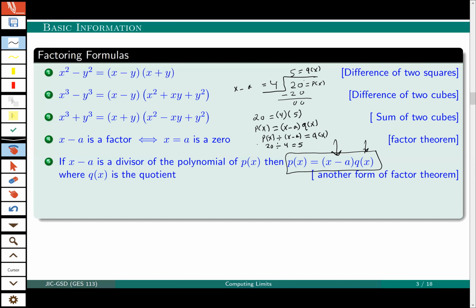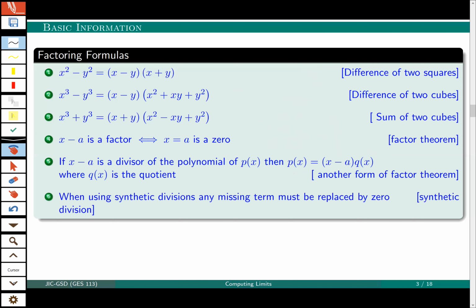So we have two forms, either form A or form B. Both of them are correct. The most important thing here is when you use synthetic division, you must replace any missing term by 0.